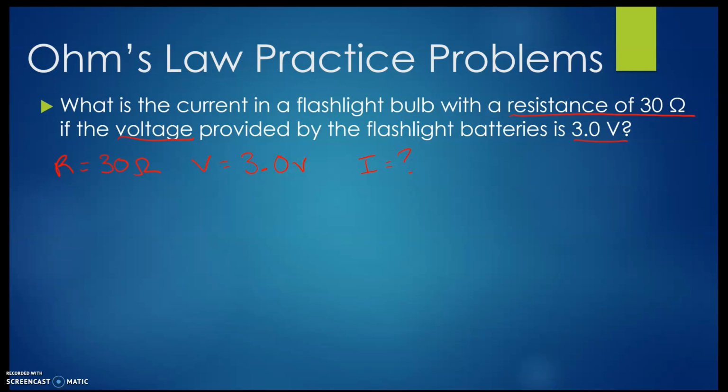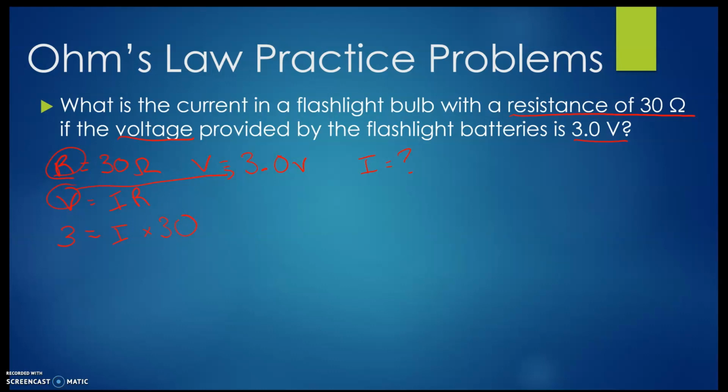So we can take our original equation, V equals IR, and we can plug in the values that we know. So our voltage is 3 equals I, we don't have I, times our resistance, which is 30 ohms.